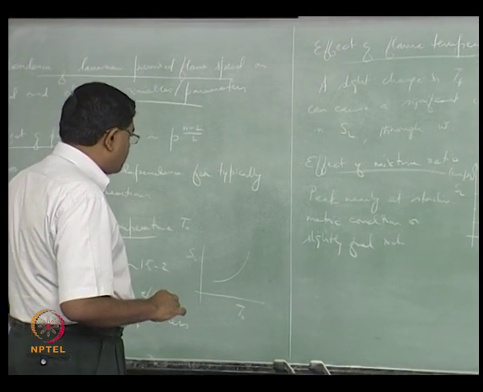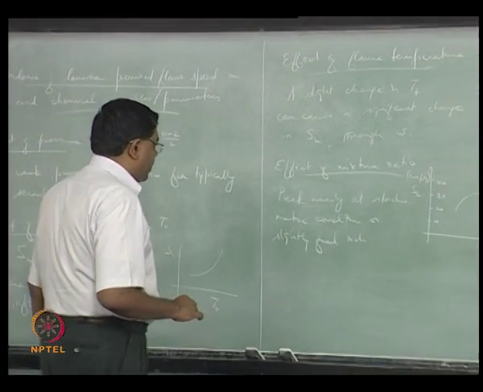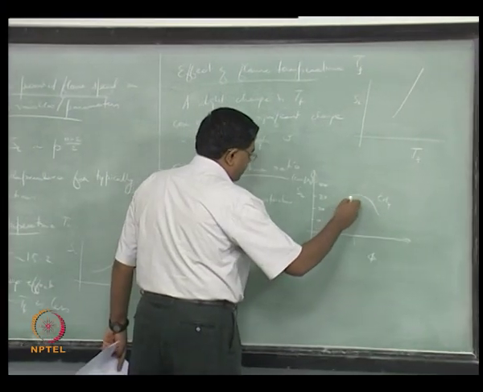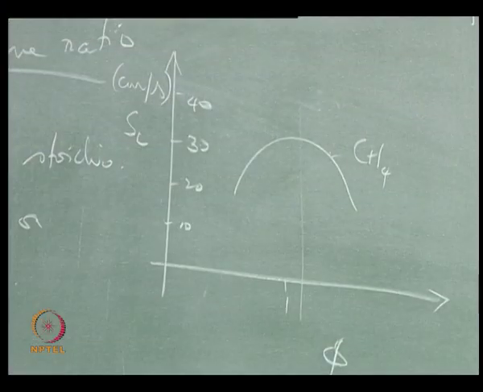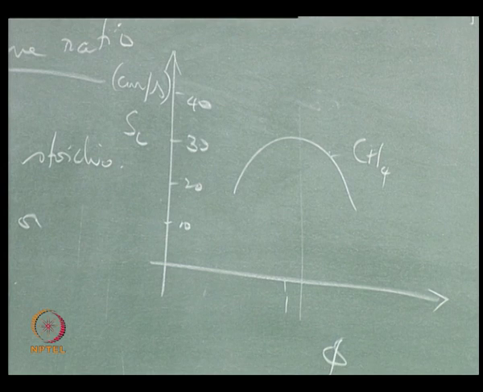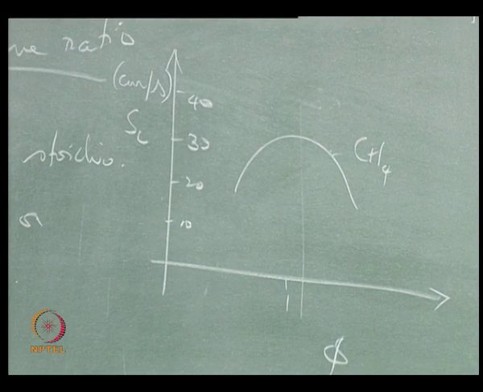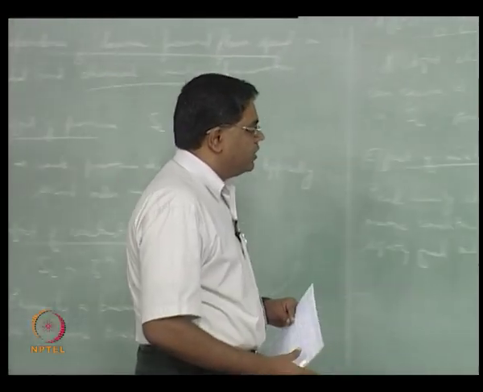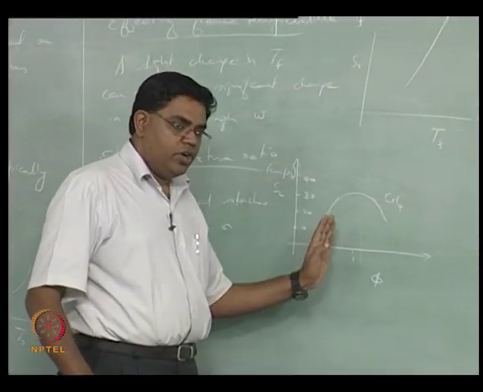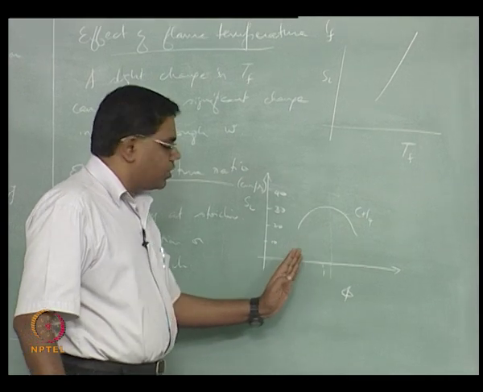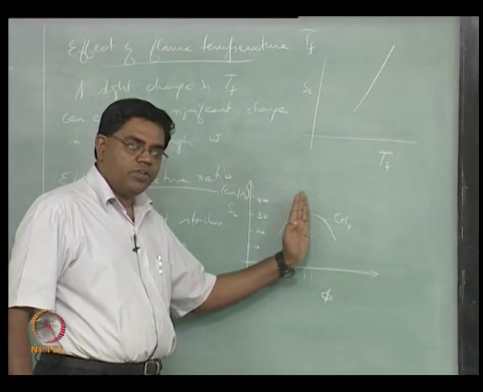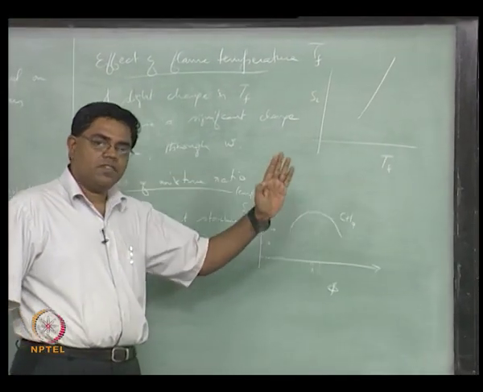Now the other thing that we have to worry about is why are we having a peak that is slightly shifted off. The reason for this is actually again through TF. So look at how the variation happens for the TF with respect to equivalence ratio, right. You will find that it peaks up near the stoichiometric condition or maybe slightly fuel rich again, and that is because of the CP effect.